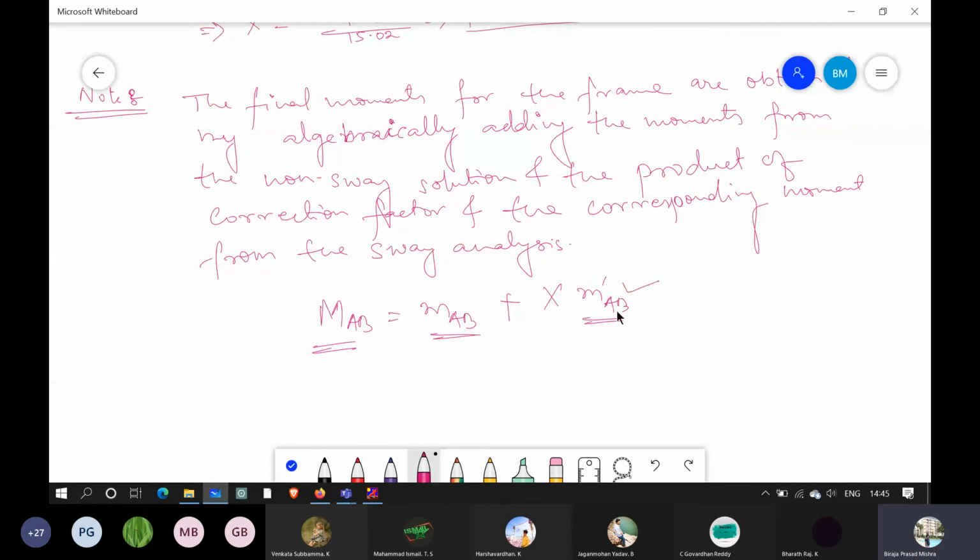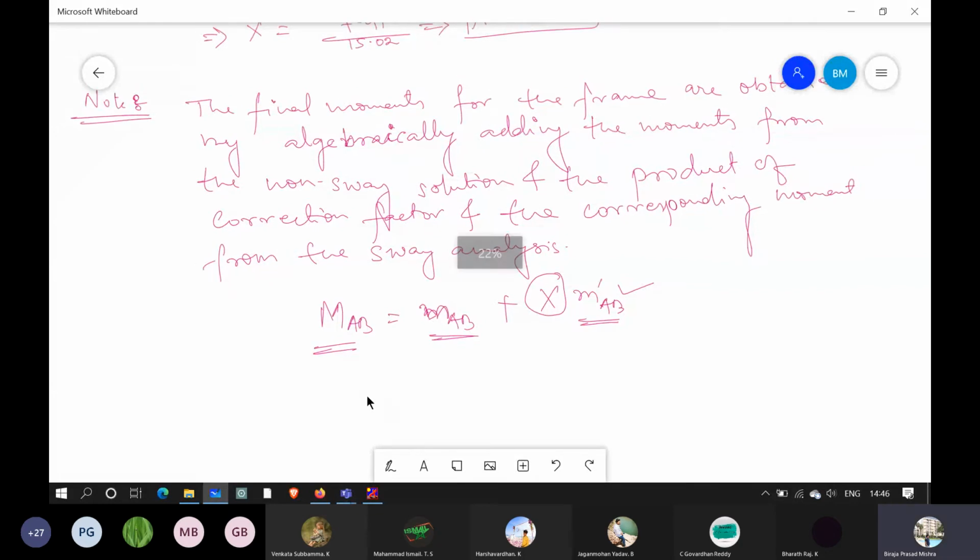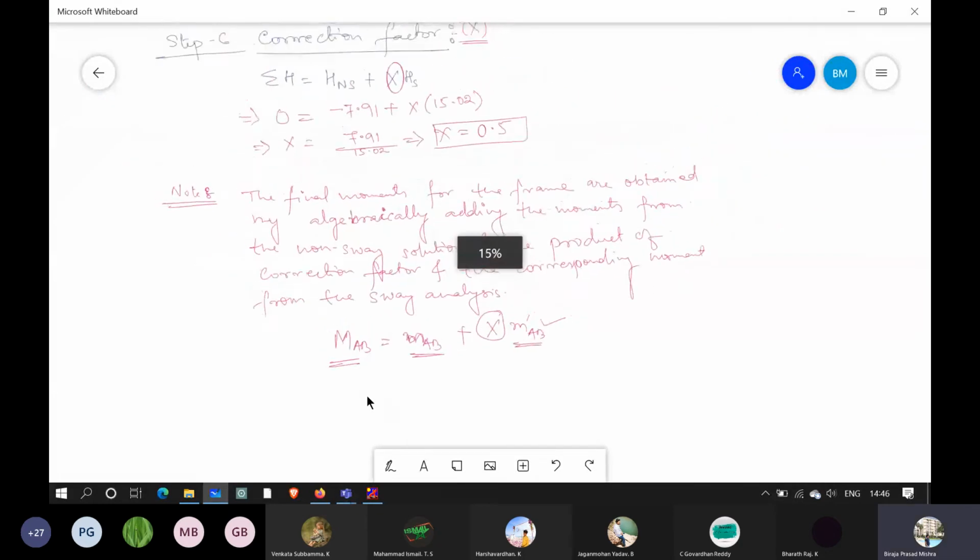Now please tell me how much is small MAB? Small MAB is this one.